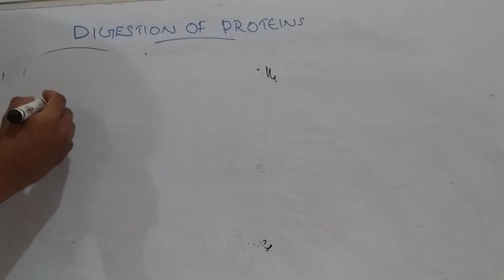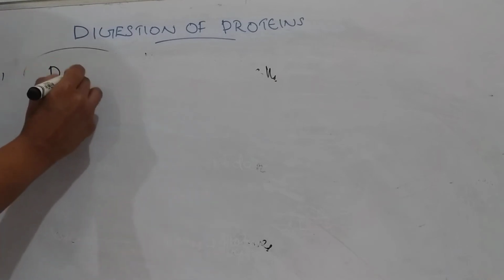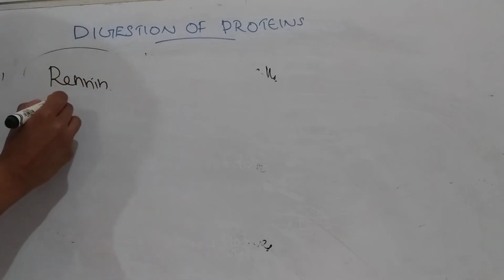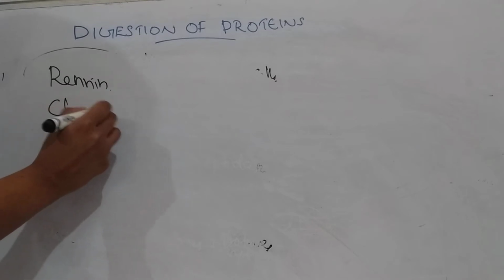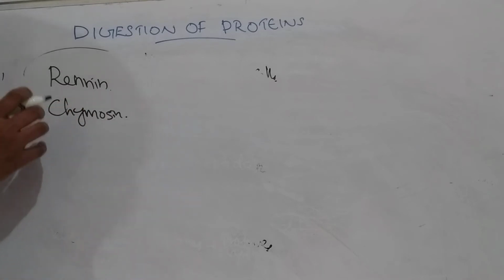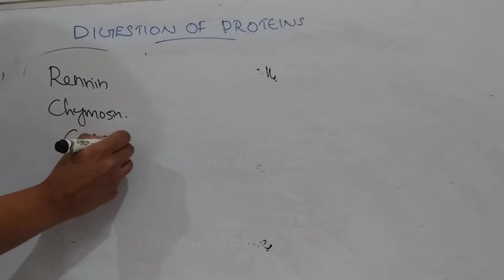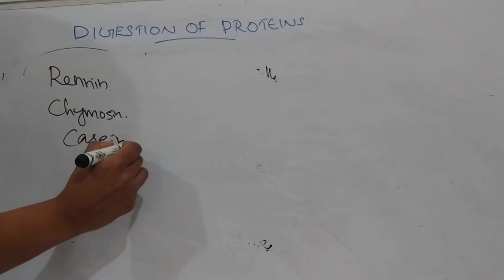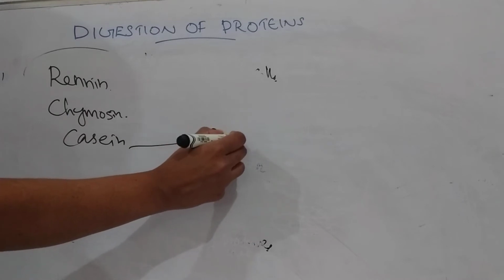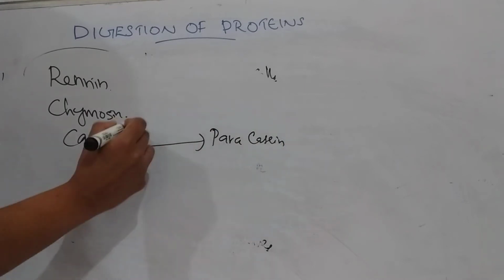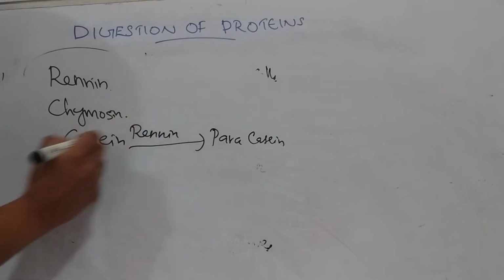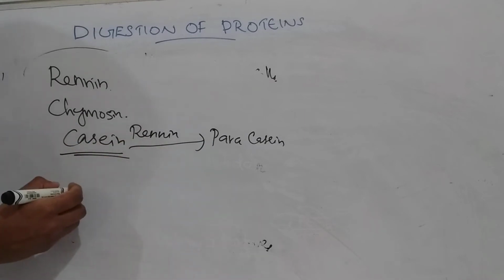Another enzyme in gastric juice is rennin, also known as chymosin. Rennin acts on the milk protein casein to form paracasein.